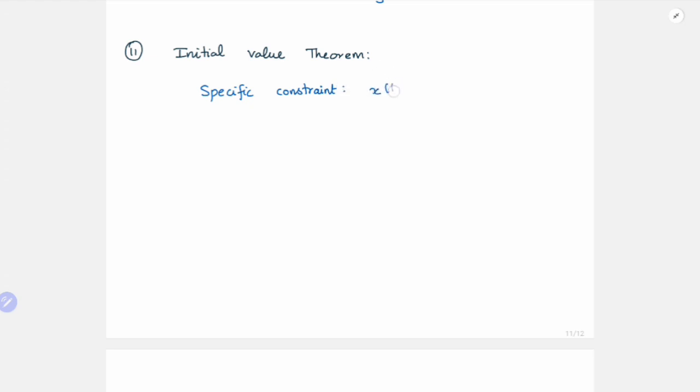The x of t should be 0 for t less than 0. Okay, so it is like a right-sided signal, or it can be a finite signal. In that case, x of 0 plus, the initial value of x of t, can be found from the Laplace transform. It is nothing but the limit as s tends to infinity of s x of s.